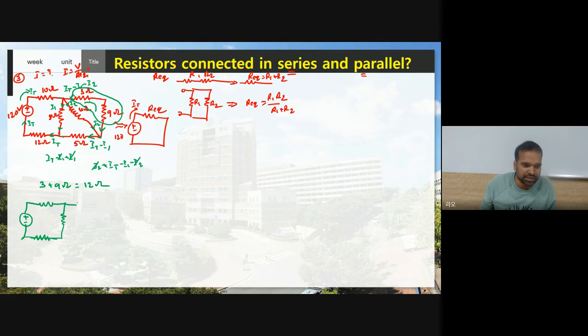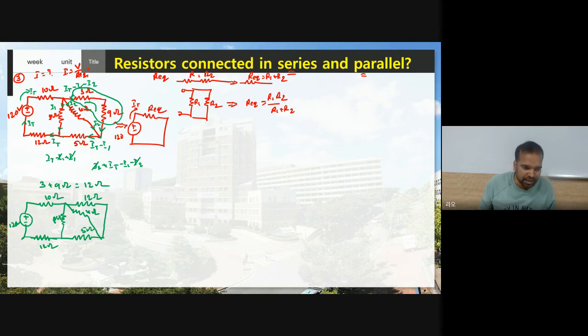Instead of these two resistors, I have replaced them with a single resistor with the value of 12 ohm. Yes or no? Yes. Now this is a 5 ohm resistor. Another resistor is connected with the value of 4 ohm, this is 8 ohm, here this is 10 ohm resistor, and we have 12 ohm, and this is 120 volt.